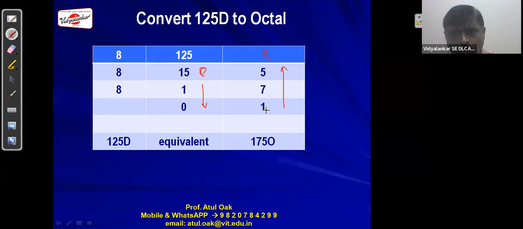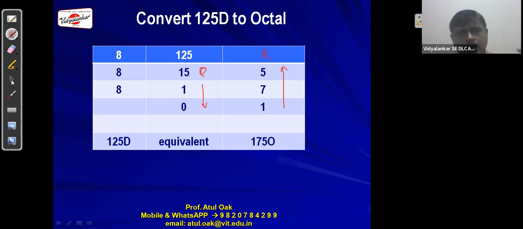What we get is 175. So 125 decimal, D for decimal, is equivalent to 175 octal. Just a replication of decimal to binary conversion, except instead of dividing by 2, we are dividing by 8. Otherwise, the algorithm is the same.